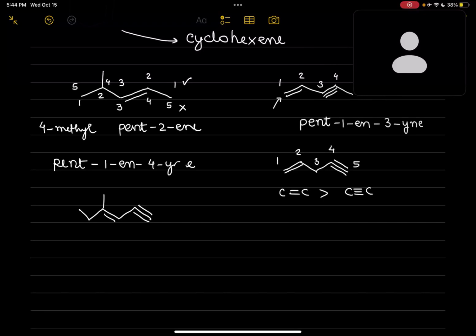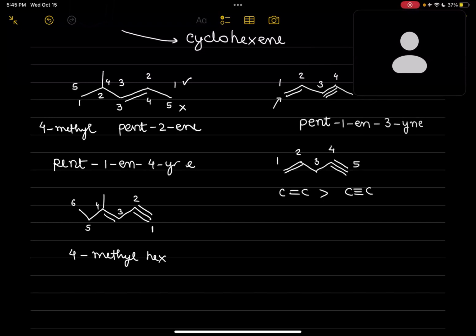From the right side: 1, 2, 3, 4. And in front of it will be 4-methyl, so 4-methylhex.